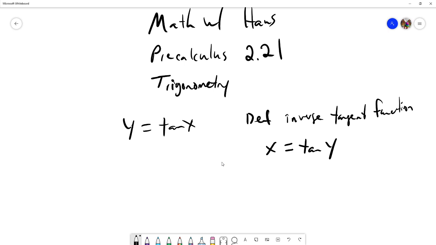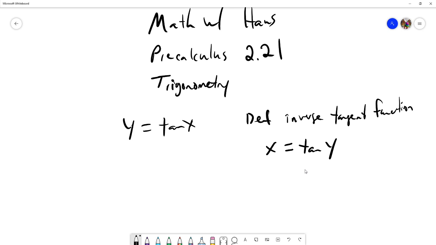So what happens is, for y equals tangent x, the independent variable, the input, is now going to become the output for inverse tangent. And similarly, the output for tangent, the y, now becomes the input for inverse tangent. So that is the definition.